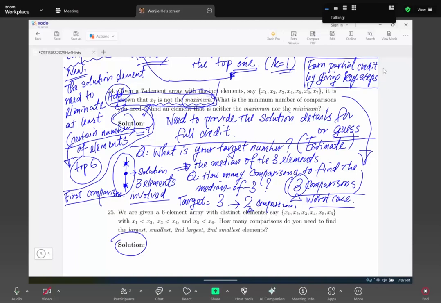Now, if we look at all the elements in these 7 elements, which element is special? Which element is different from all the other elements? Only one. X7 is special. All the other elements are the same, not special. Why? Because it has this extra condition, the not-the-maximum condition. All the other elements, we know nothing about.